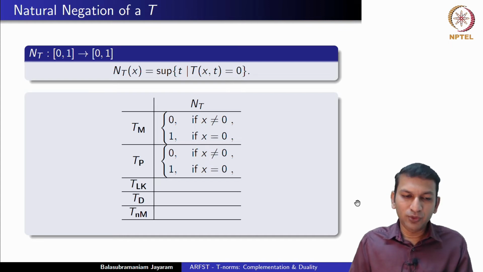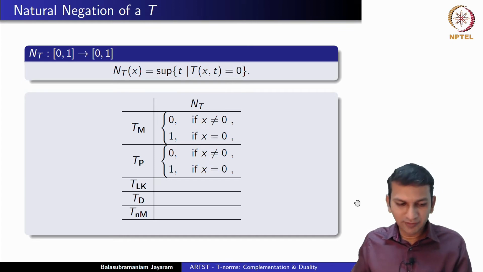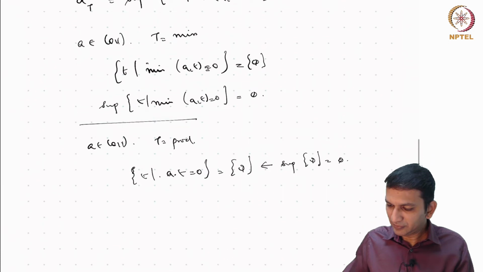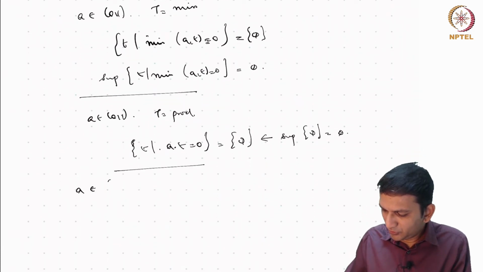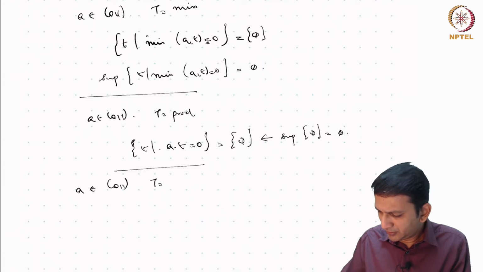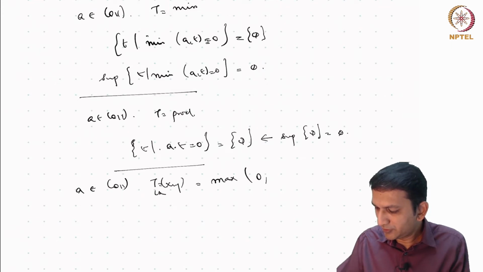Is it different for the Lukasiewicz T-norm? Let's look at it. Once again, A comes from [0,1] and T of x, y is the Lukasiewicz T-norm, which is maximum of 0, x plus y minus 1.